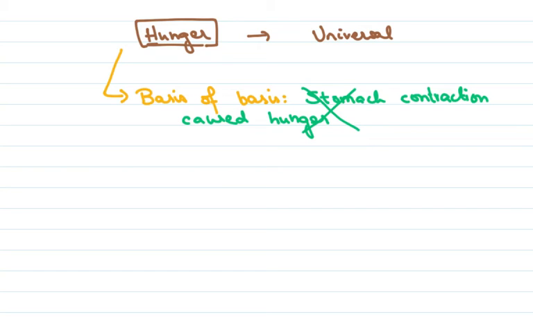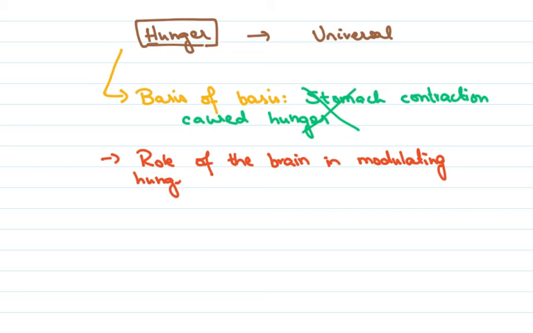This theory was debunked, and researchers started to look more into the role of the brain in modulating hunger. When they started researching this, they found that the hypothalamus played a major part in the regulation of hunger.